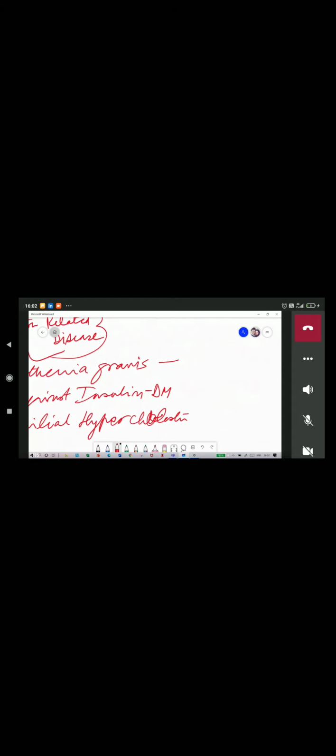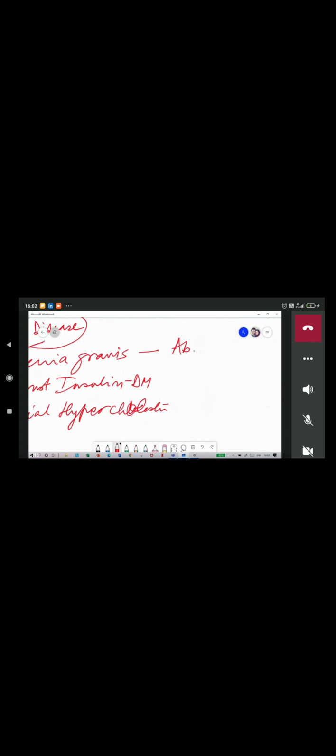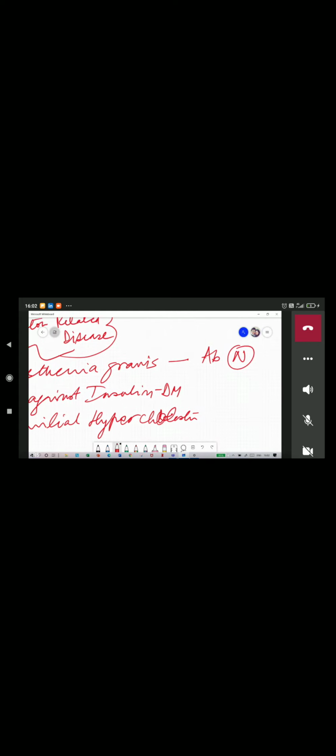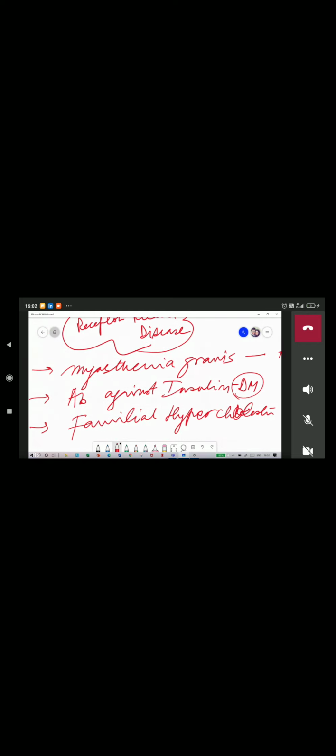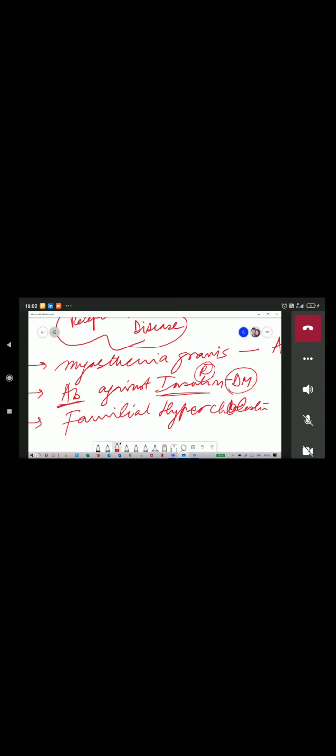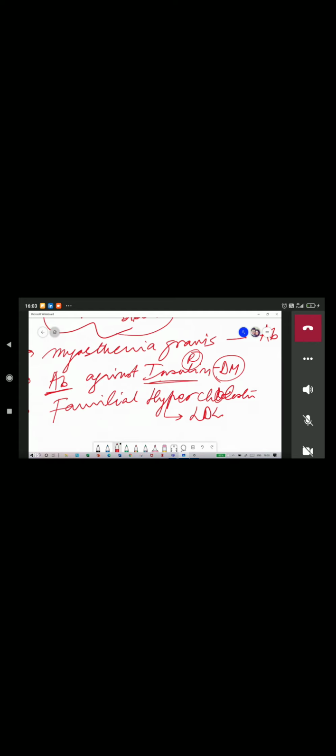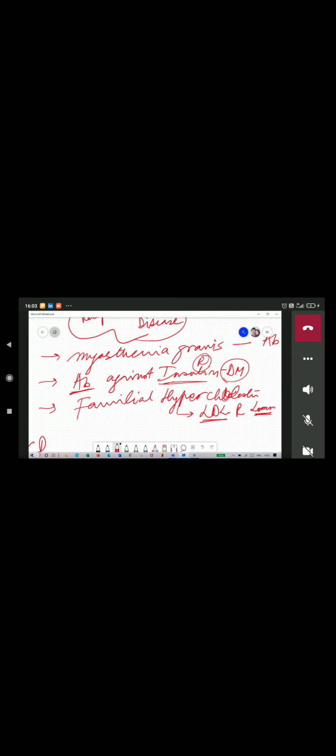So in myasthenia gravis, there are antibodies formed against nicotinic type of cholinergic receptors. In diabetes mellitus, one of the types, antibodies are against insulin receptors. And in this case, LDL receptors are lower. ठीक है, this is the applied pharmacology. So you can be asked a question about what is receptor related diseases.